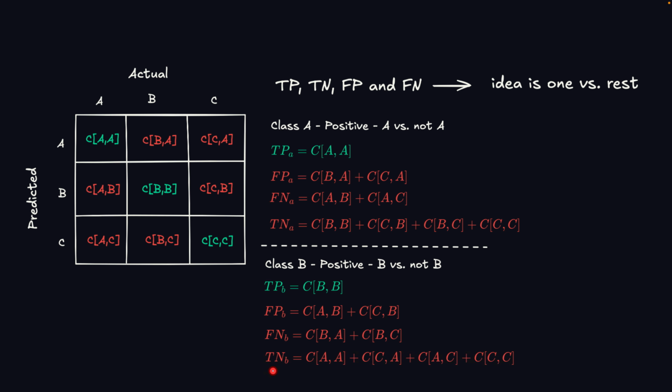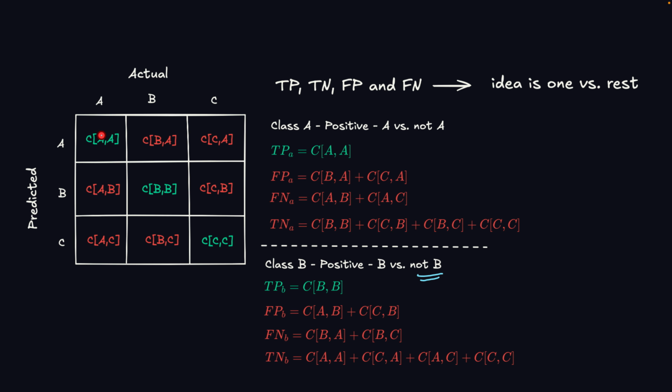And finally, for true negative, anything that doesn't involve B. Anything which doesn't have B in it is part of true negative, because the way we need to look at them is B versus not B. If you take the example again where A is correctly classified as A, the actual value is not B, and it was predicted as A, which is also not B. Because it has correctly predicted the negative scenario, remember here, B is the positive scenario and not B is the negative scenario.